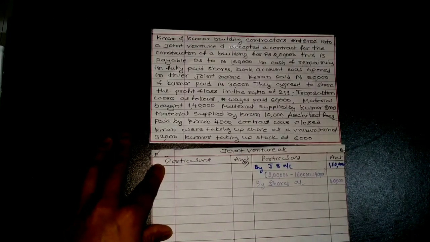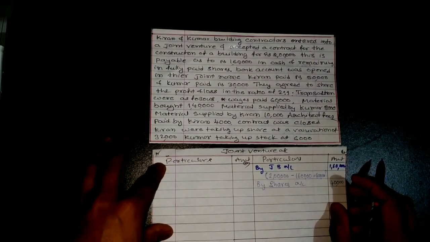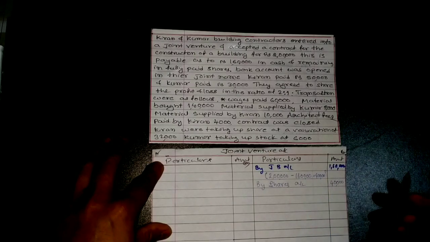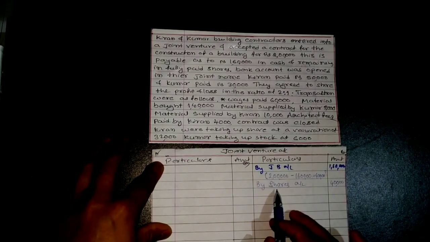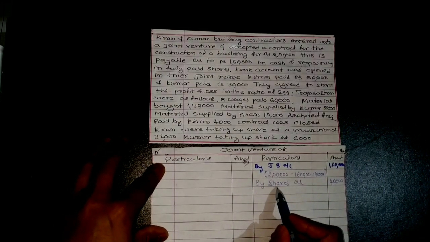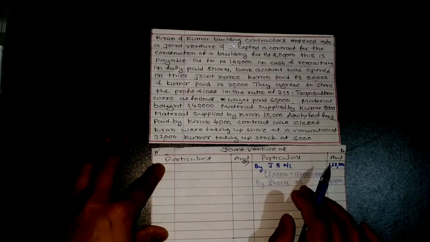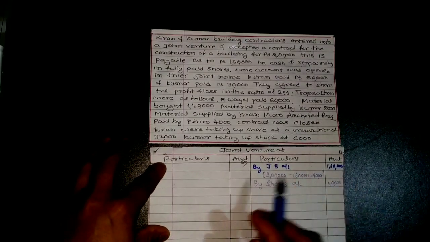So totally what is our contract price? 1,60,000 plus 40,000. 2 lakh is our contract price. Clear? Okay, fine. Next, in this problem we are going to prepare a separate new account, that is share account. It's very simple. Later we will come to know.